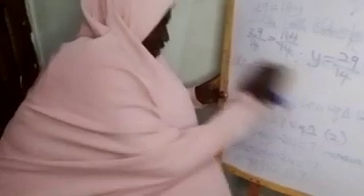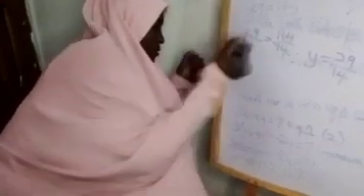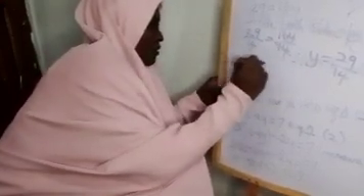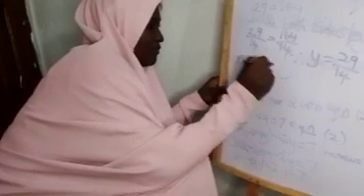So let's continue with our x. We know that our x is 12 minus 4y. So let's do that: 12 minus 4y.